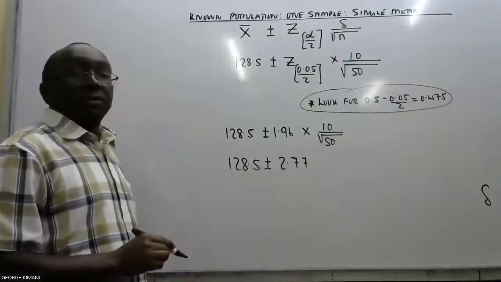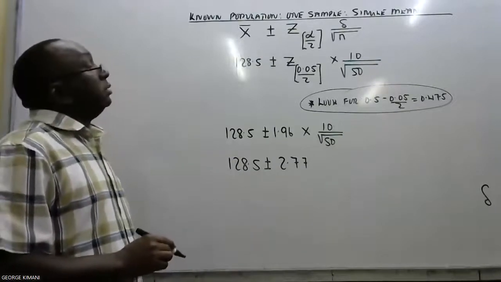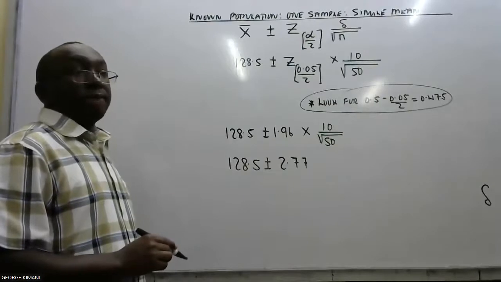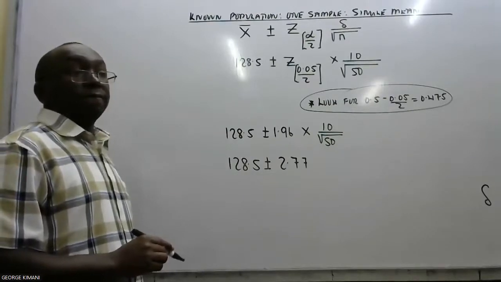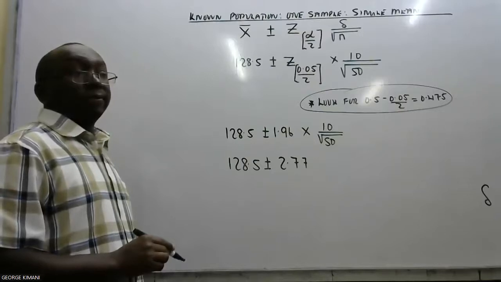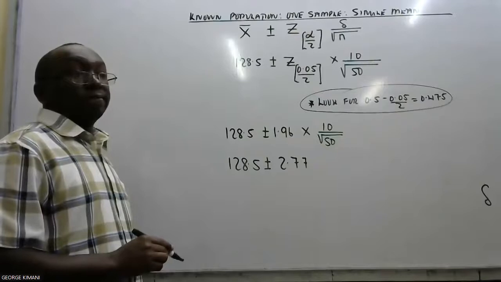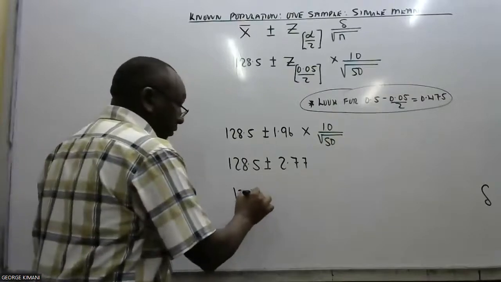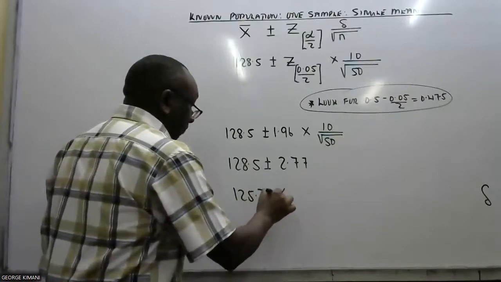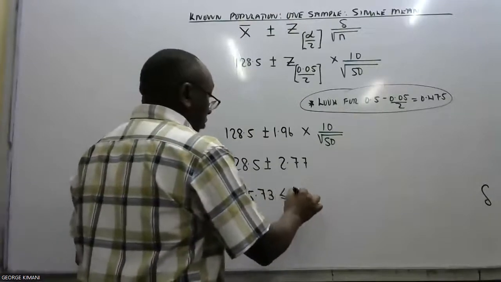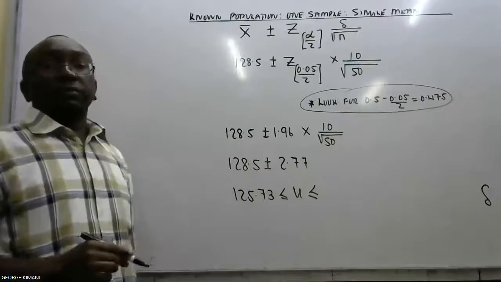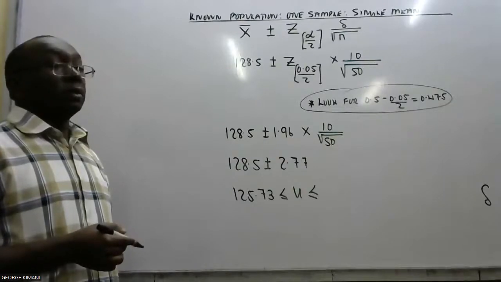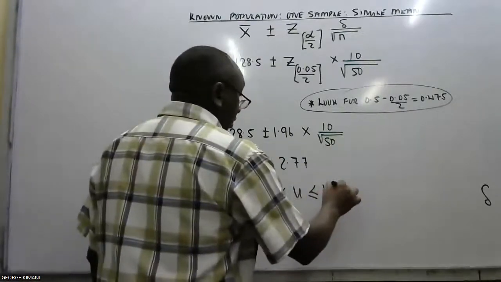Subtract this from this now. 125.73. So this is mu. And the upper one is 131.27.